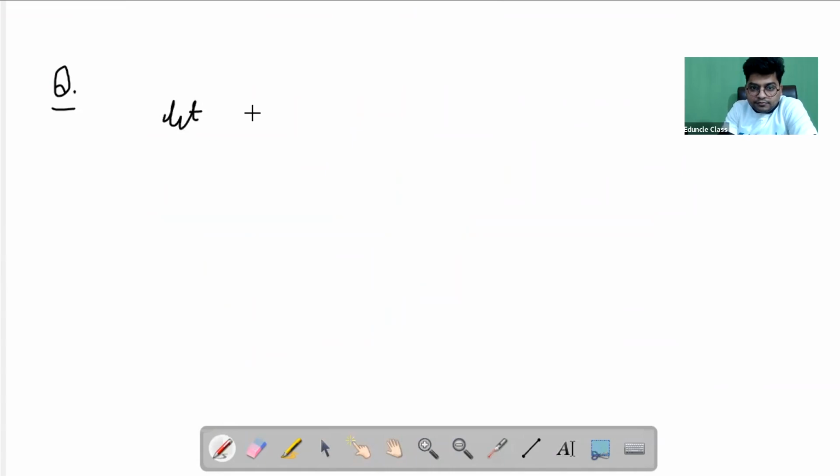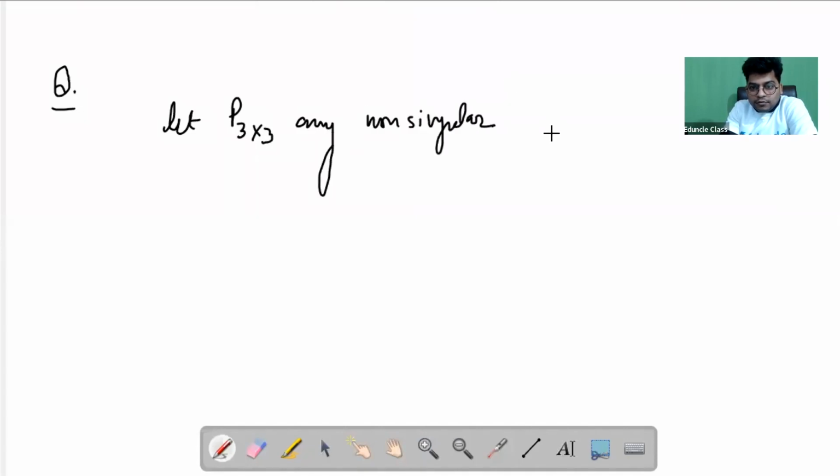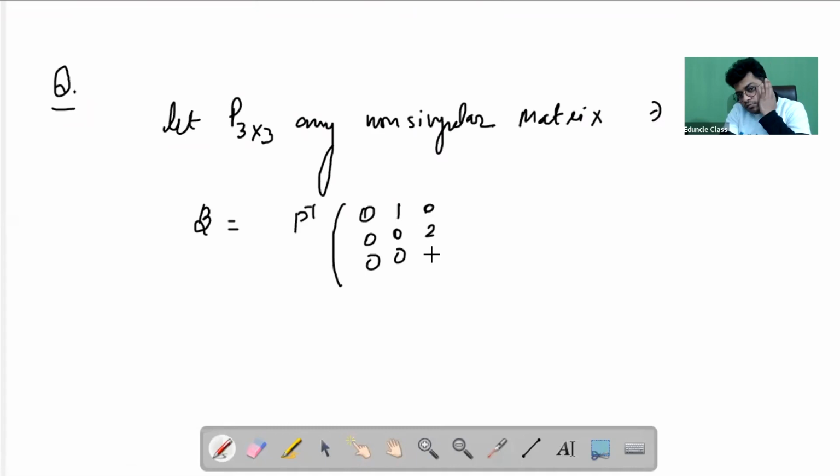Let B be a matrix of P inverse A P, let P be 3 by 3, any non-singular matrix, such that B is equal to P inverse times the matrix 0, 0, 0, 1, 0, 0, 0, 2, 0 times P.